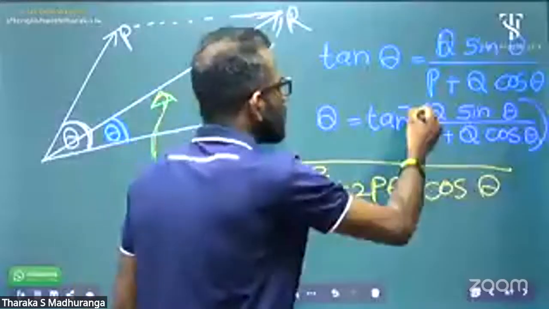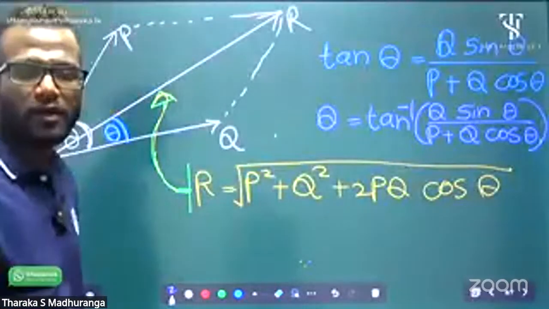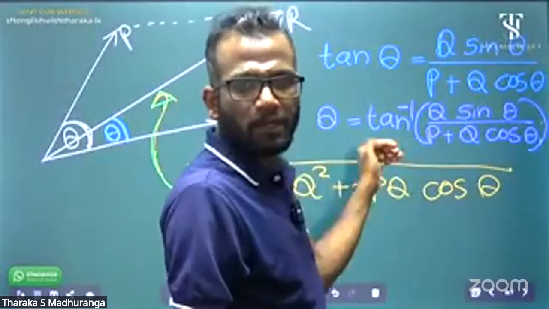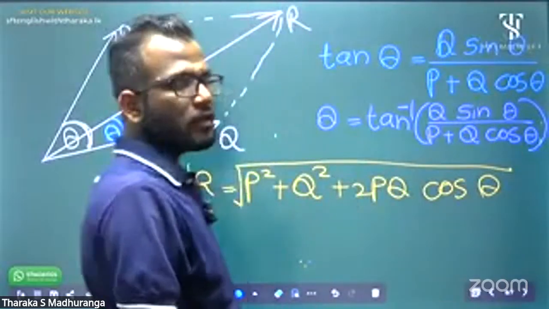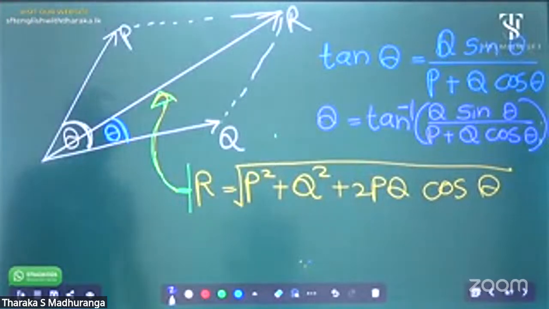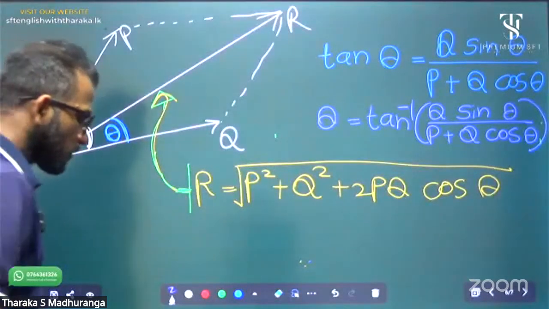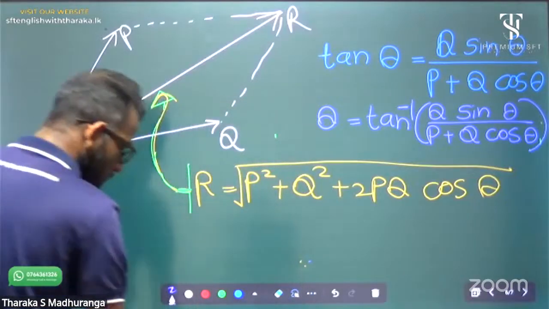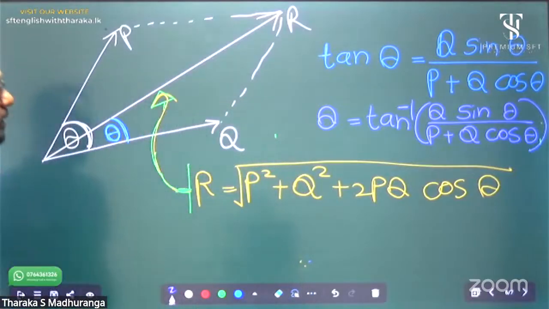Tan inverse of Q sine theta divided by P plus Q cos theta. Okay, this is the equation.